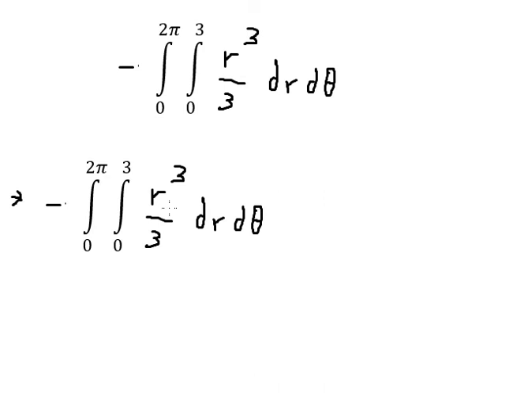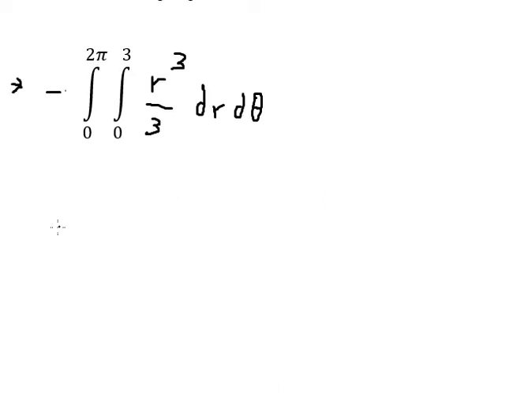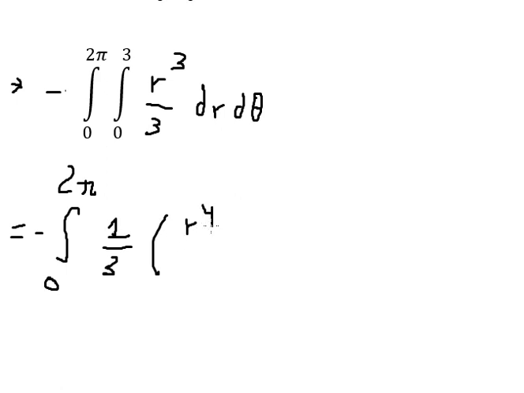The integration of r to the power of 3, we have r to the power of 4 over 4, and we put the bounds from 0 to number 3.